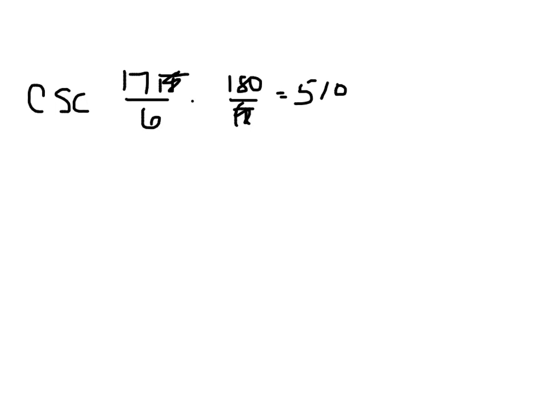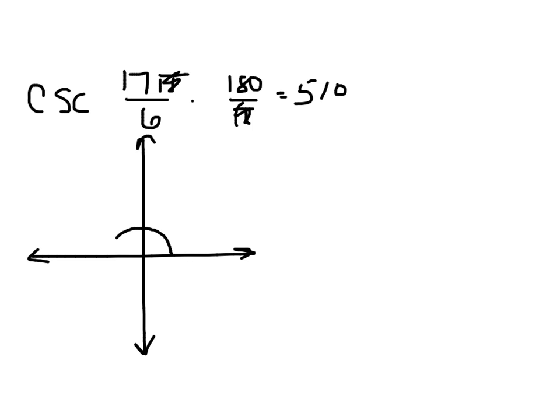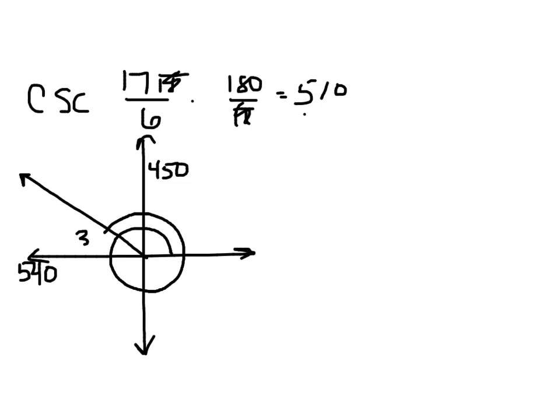I'm going to draw that angle just so I have a reference. So 510: 90, 180, 270, 360, 450, and 540 is just a little short of there. If that was 450, and this is 540, 540 minus 510 is 30.